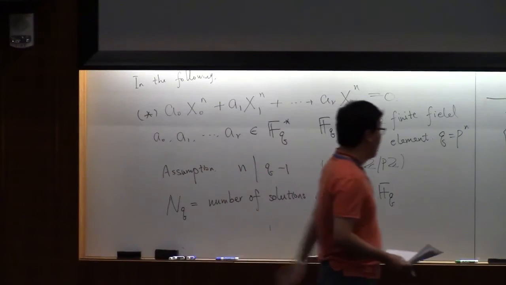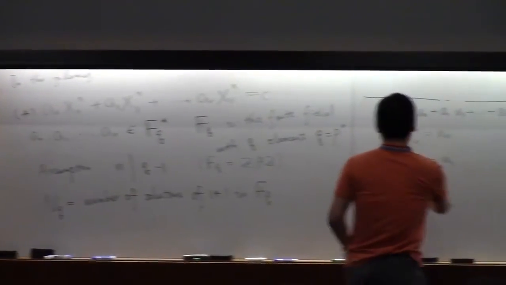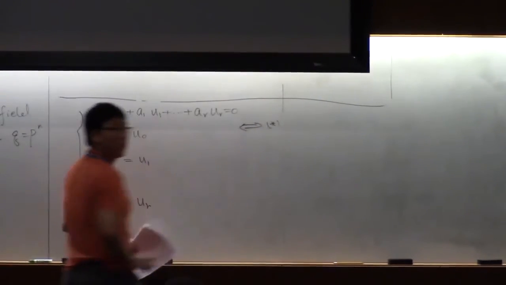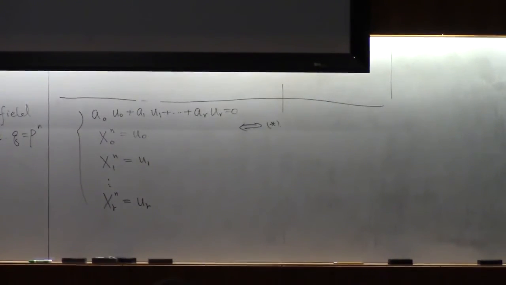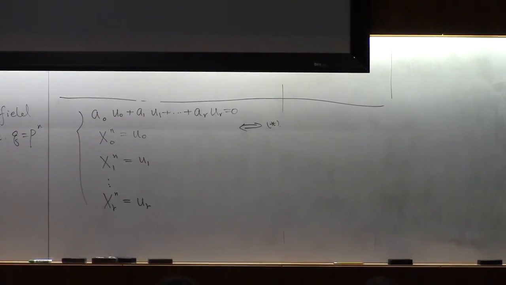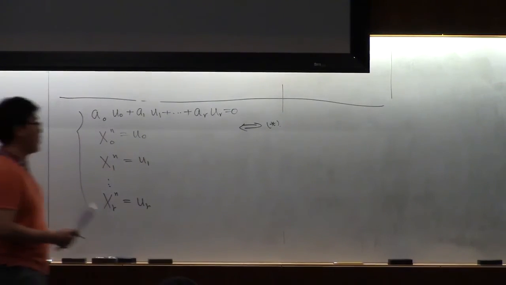Okay? So this is equivalent to this homogeneous equation. Then this interpretation gives you a way to compute the number of solutions of this homogeneous equation in the finite field F_q.